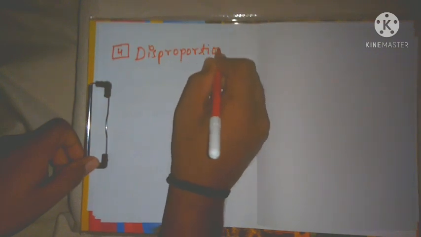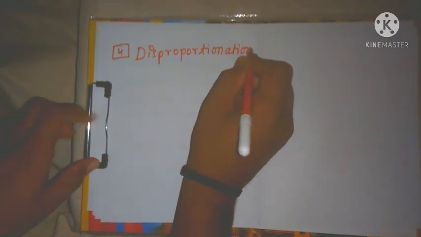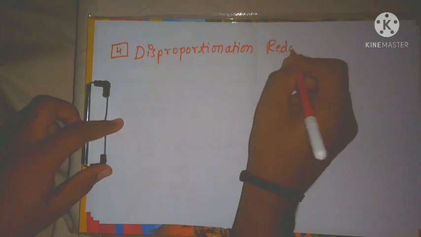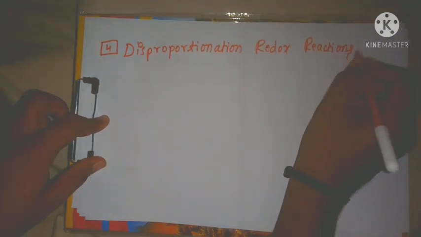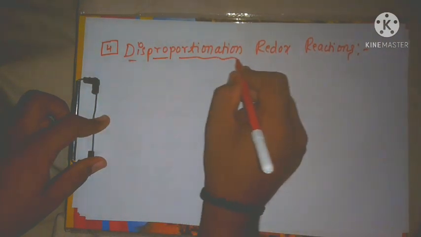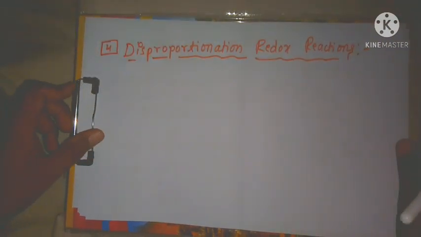Now we will see what is meant by disproportionation redox reactions. For that I am using the rough paper here.